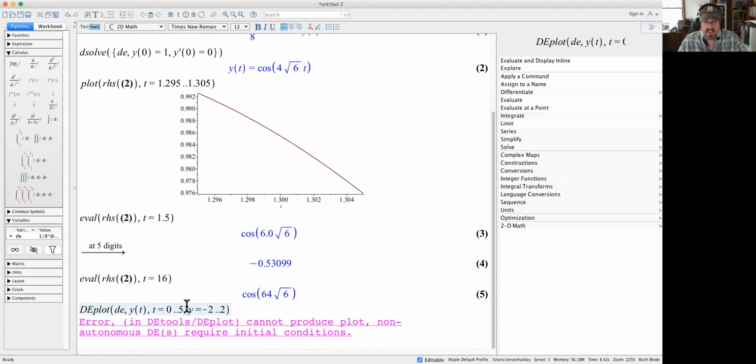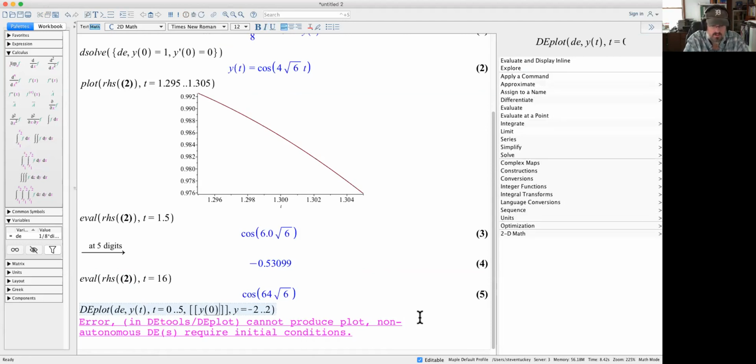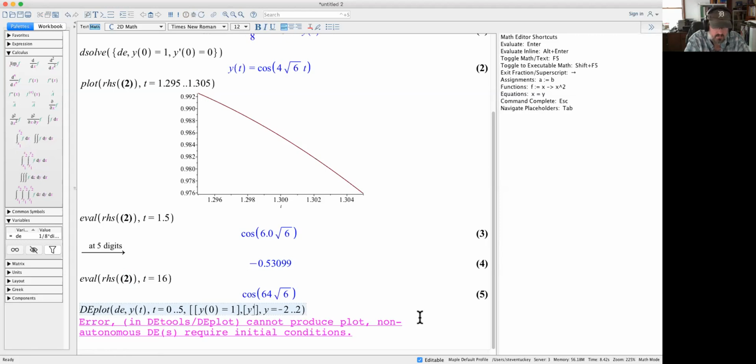But watch, if I include initial conditions, specifically the two that I know, y of 0 equals 1, and then the other one is y prime of 0 equals 0.